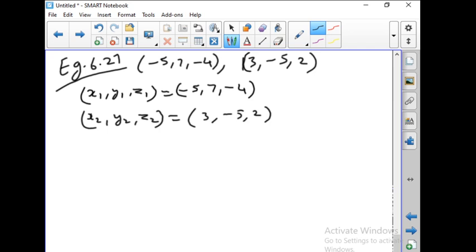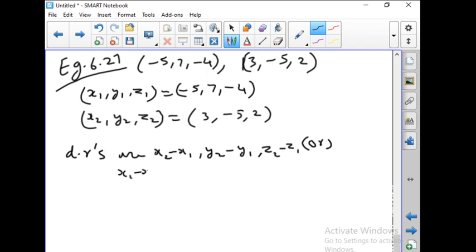So what about the direction ratios? Direction ratios are x2 minus x1, y2 minus y1, z2 minus z1, or x1 minus x2, y1 minus y2, z1 minus z2.